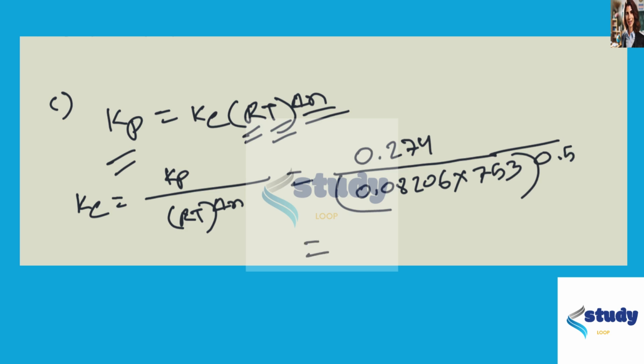If we solve this, we get the value of Kc for this reaction, which is 0.0348. So this is the value of Kc for the reaction given in part B.